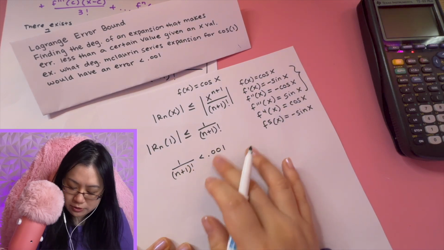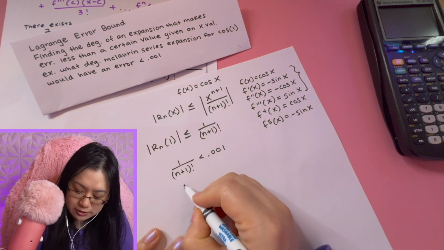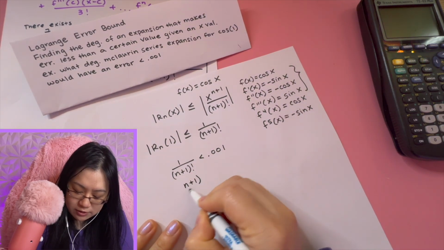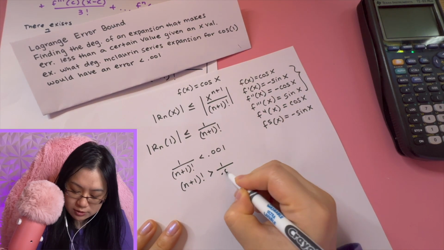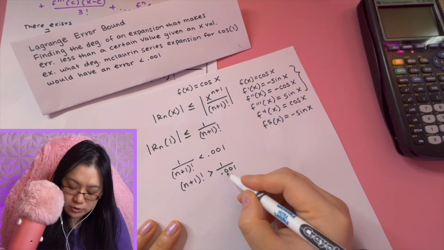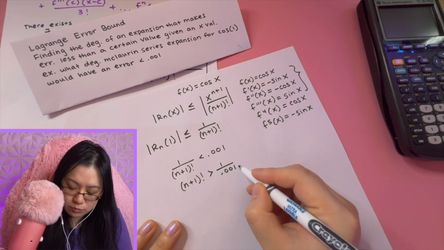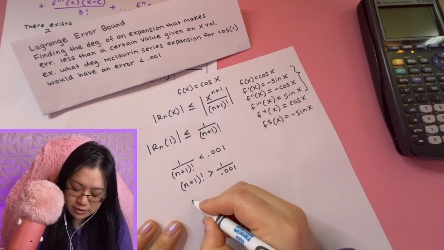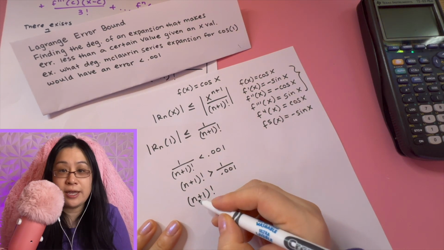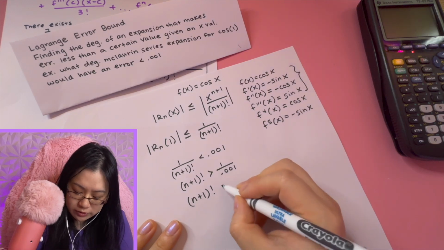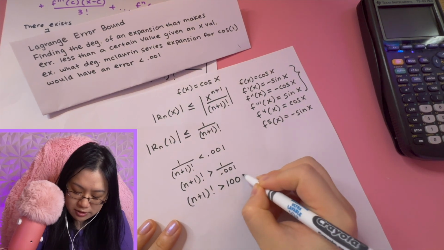So, in other words, just doing a little algebra here, we want to have n plus 1 factorial be greater than 1 over 0.001, and 1 over 0.001 is going to be 1,000. So basically, what is the first n that makes n plus 1 factorial greater than 1,000?